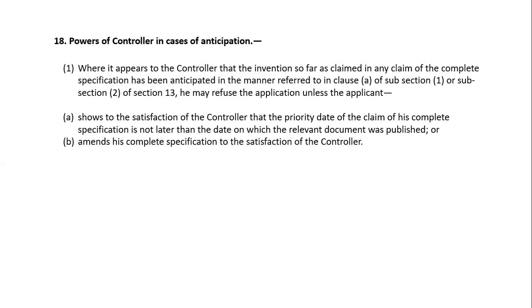In that case, one scenario is that you have done a prior art search before filing your application. Let's say I have done a prior art search in December for filing an application in January, but at that time the application is not published, or that particular specification is not published in any journal, because the 18 months time period is not completed, right?